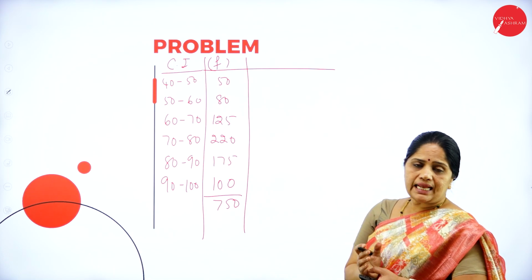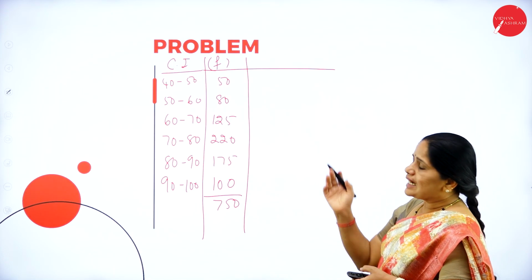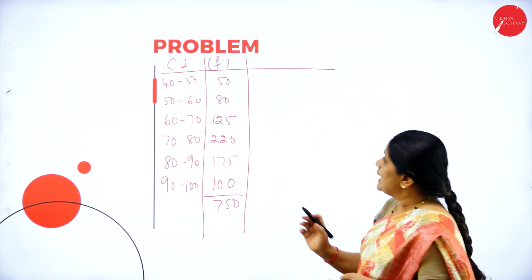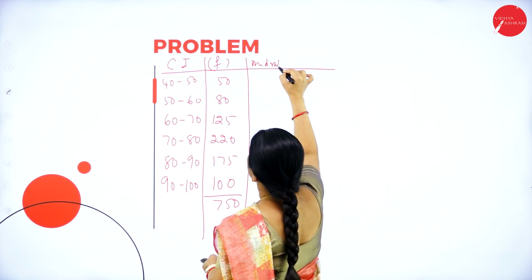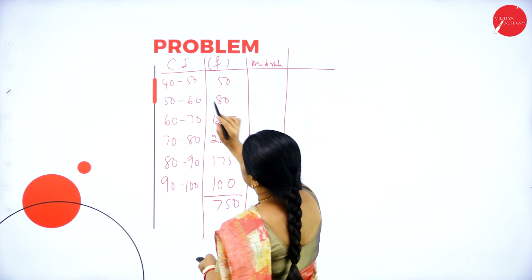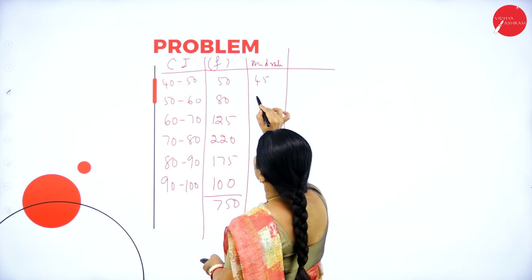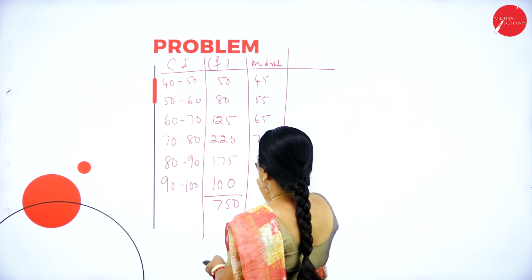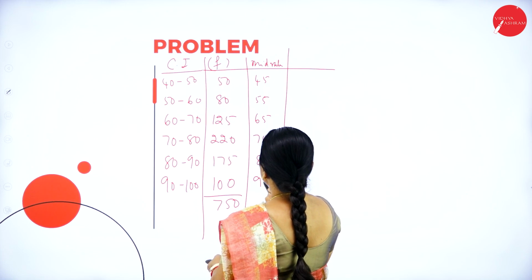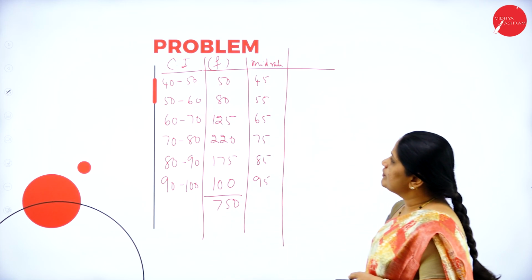Now, how do we calculate the mean here? Whenever class intervals are given, we have to calculate the midpoint. So the mid values will be 45, 55, 65, 75, 85 and 95.